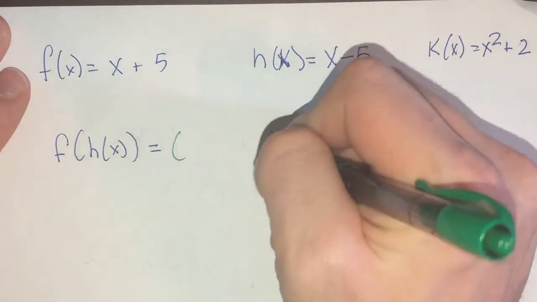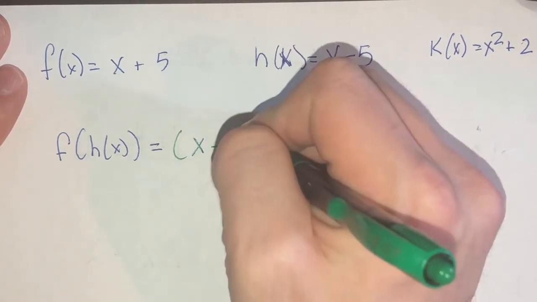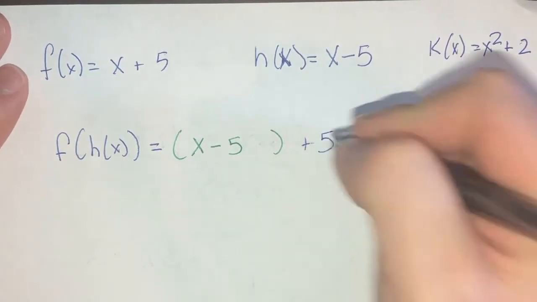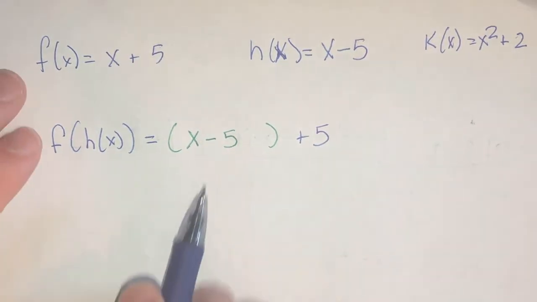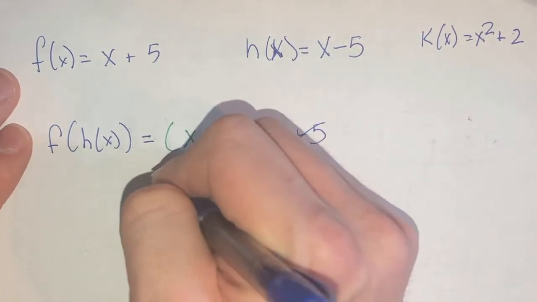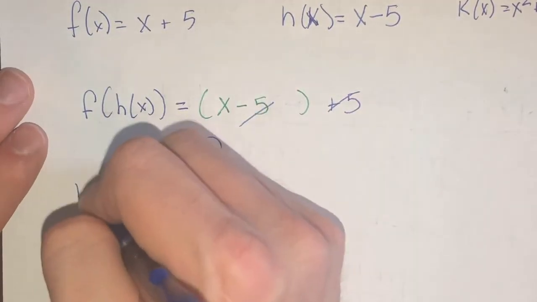I'll put my parentheses here and drop in h. So this is what it looks like when we drop h into f. And notice one really cool thing that happens is the 5's will cancel, and all I'm left with is x.